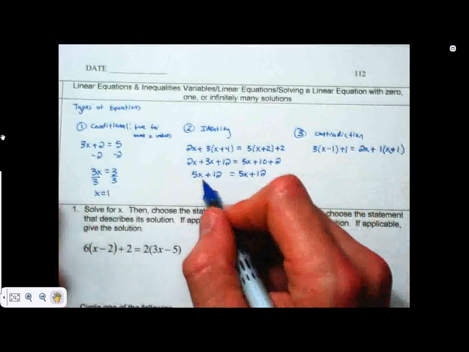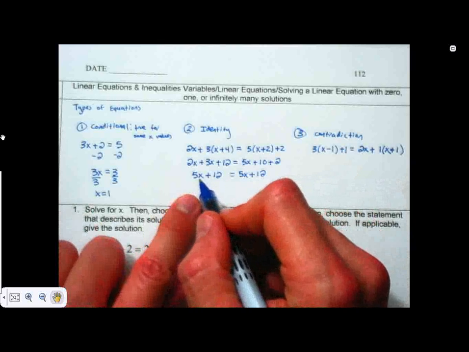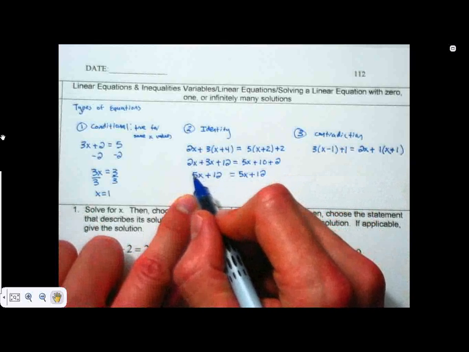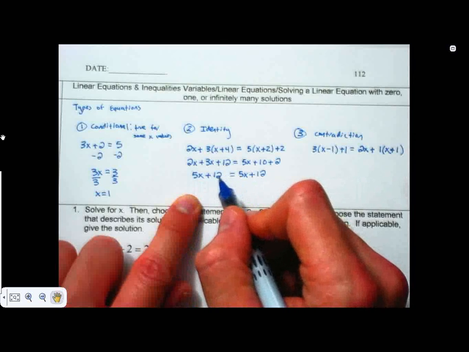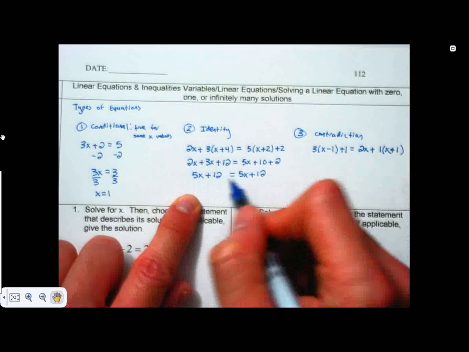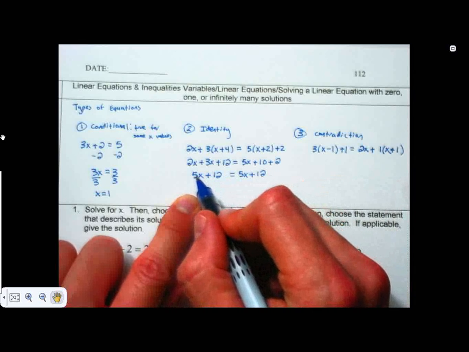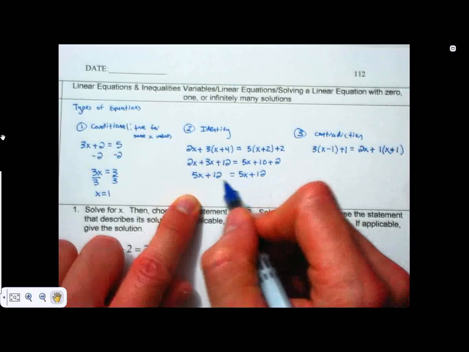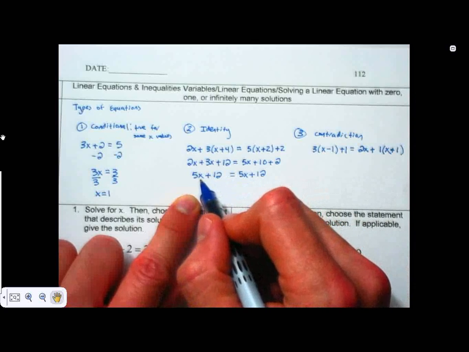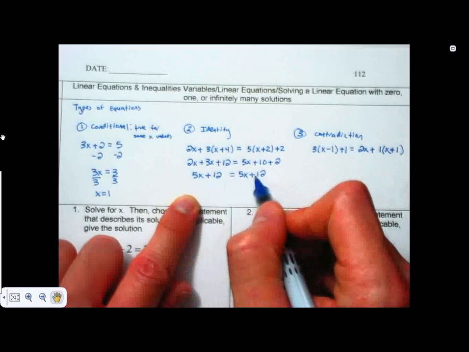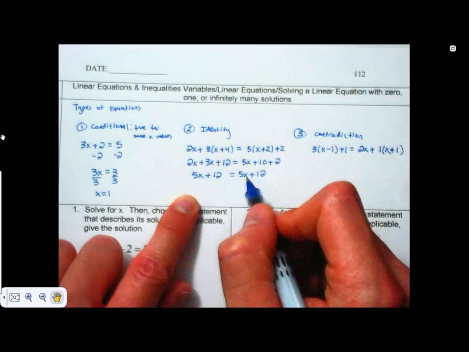What that means is if I stuck a number in on the left-hand side for x, say like I put 2 in for x, well, 5 times 2 plus 12, would that be equal to 5 times 2 plus 12? Well, clearly it would, because we're doing the exact same thing to the number on each side of the equation. And so if I put in any number for x, 3 or 10 or 12, regardless of what I put in, the left side and the right side are always going to be equal to each other.